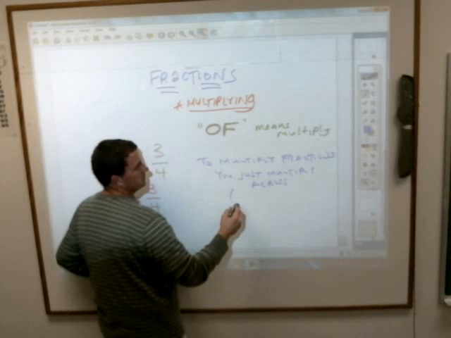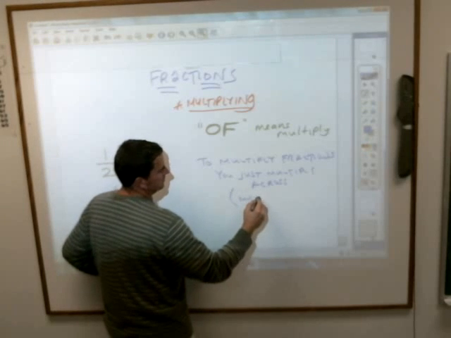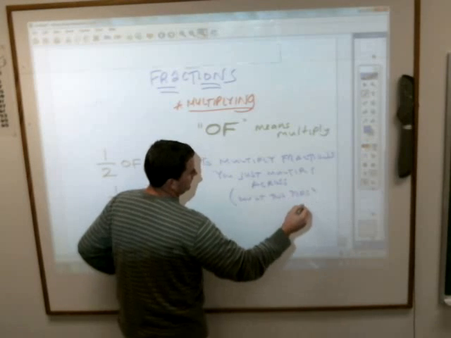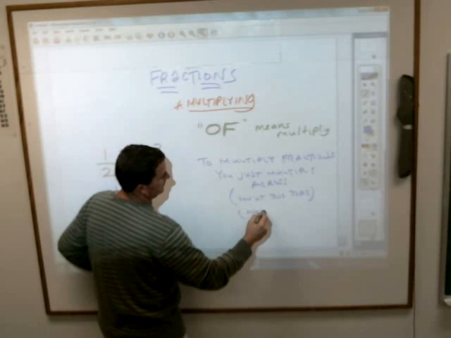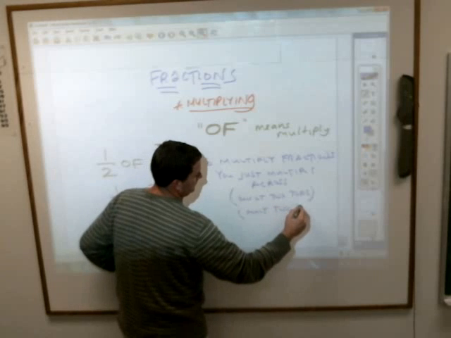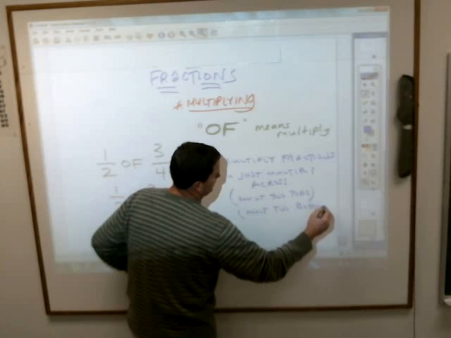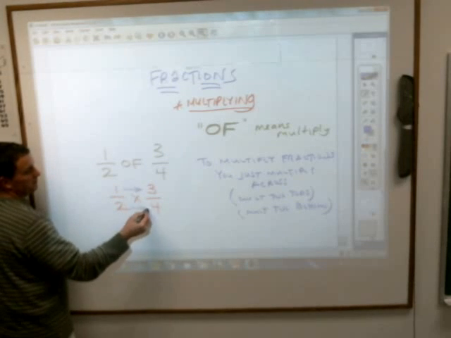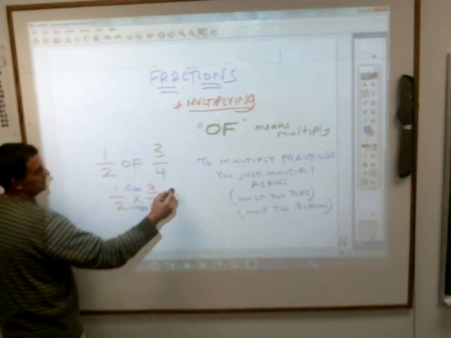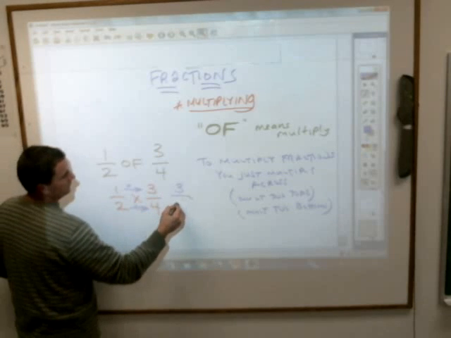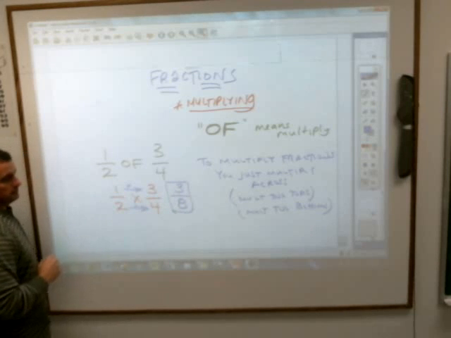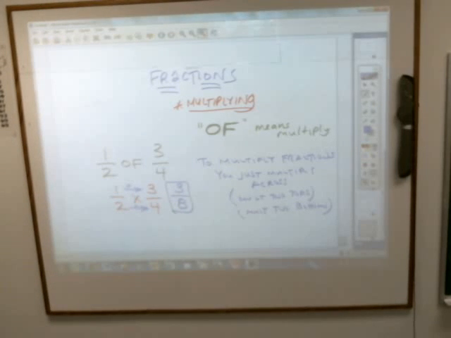Or another way to say it is you multiply the two top numbers together, and you multiply the two bottoms together. So if I'm doing this problem here, it just ends up like this. 1 times 3 is 3, and 2 times 4 is 8. 3/8. Okay. 1/2 of 3/4 is 3/8.